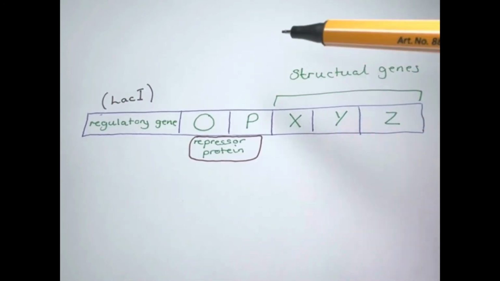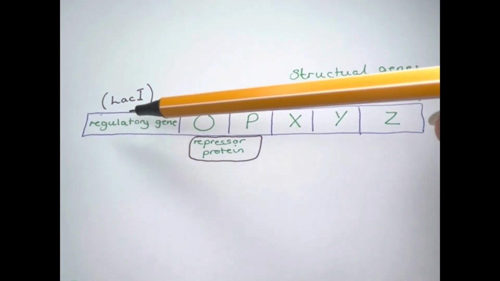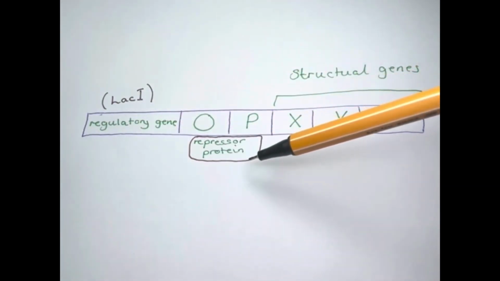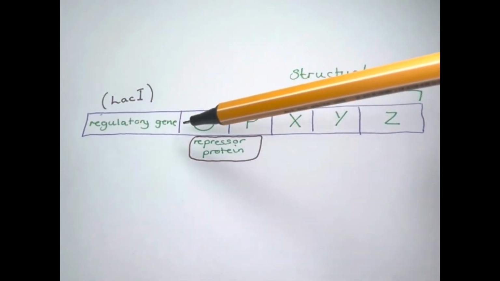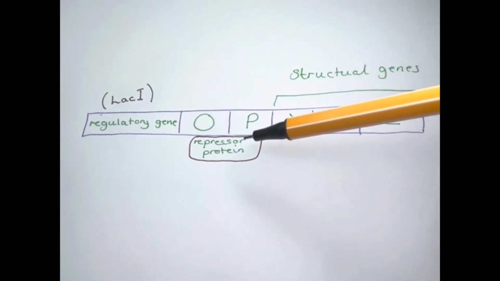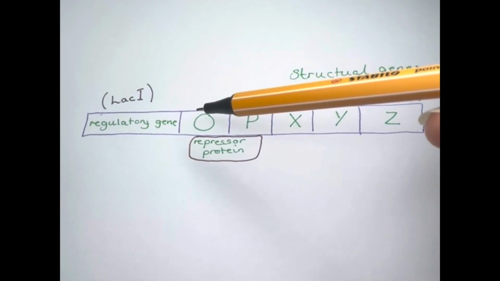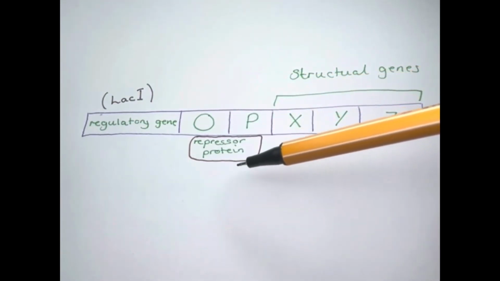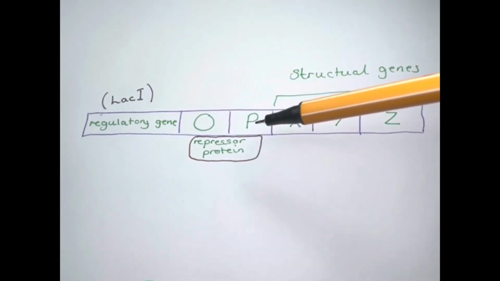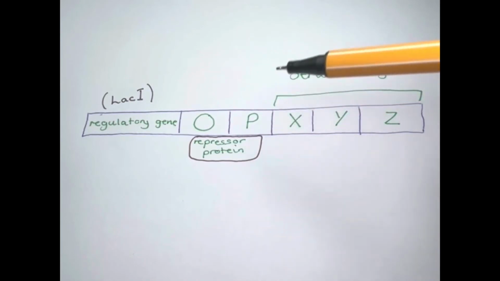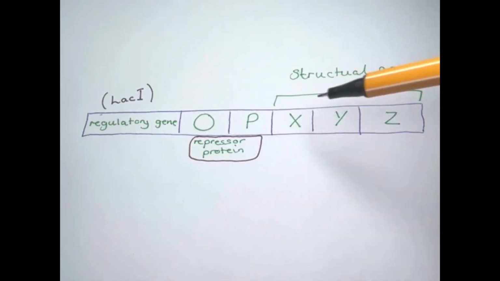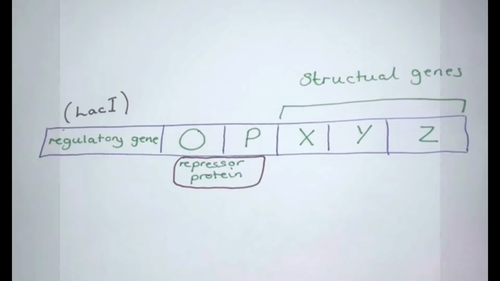So all the time, the regulatory gene is producing the repressor protein, which is binding to the operator region. When lactose isn't present, the repressor protein remains bound to the operator region. This is preventing RNA polymerase from binding to the promoter region. This would then prevent the transcription of the structural genes from occurring. Let's just remind ourselves of the wider picture here.